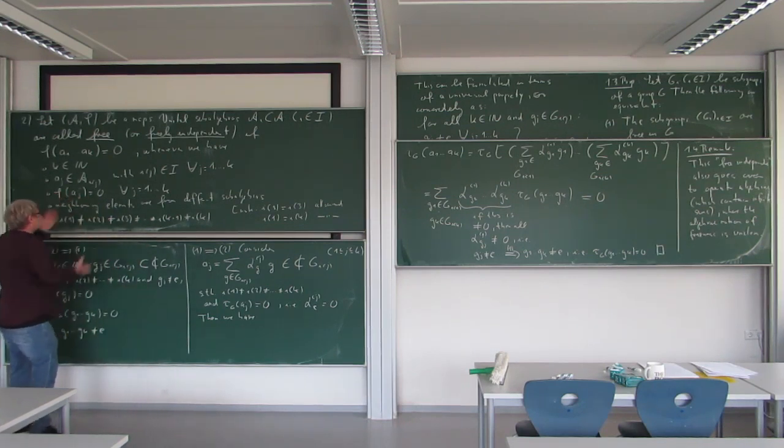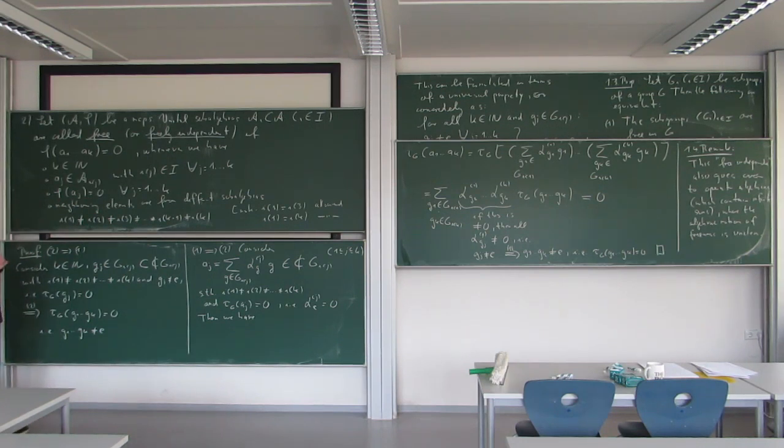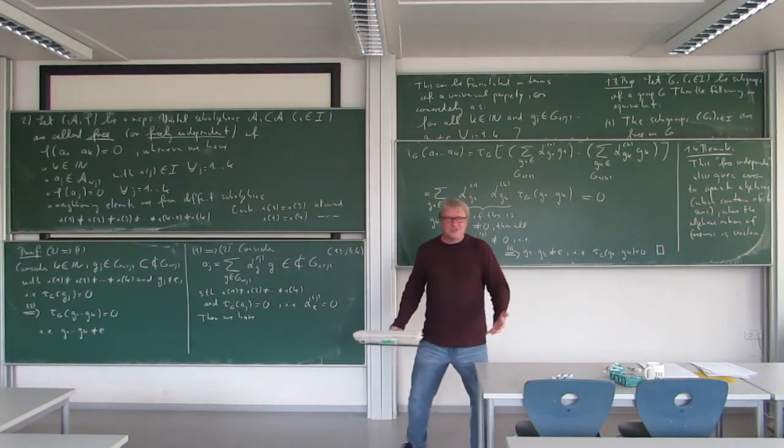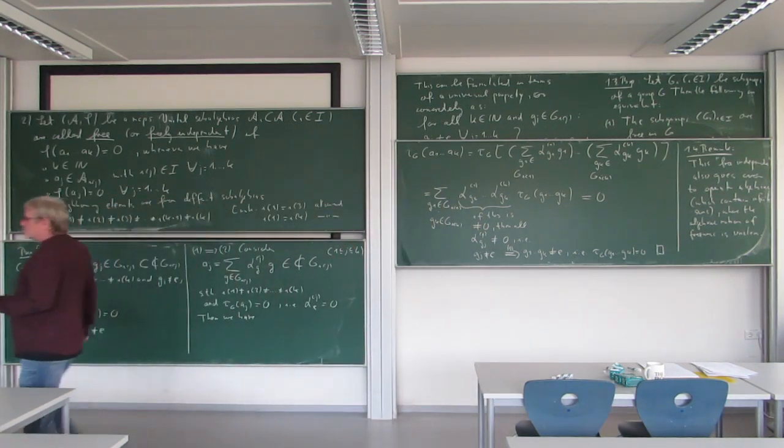Good, okay, so this at least makes sense. But of course it's not clear what this definition really means. So how should we understand it? How does it help to make such a definition? And that's what we want to address next.